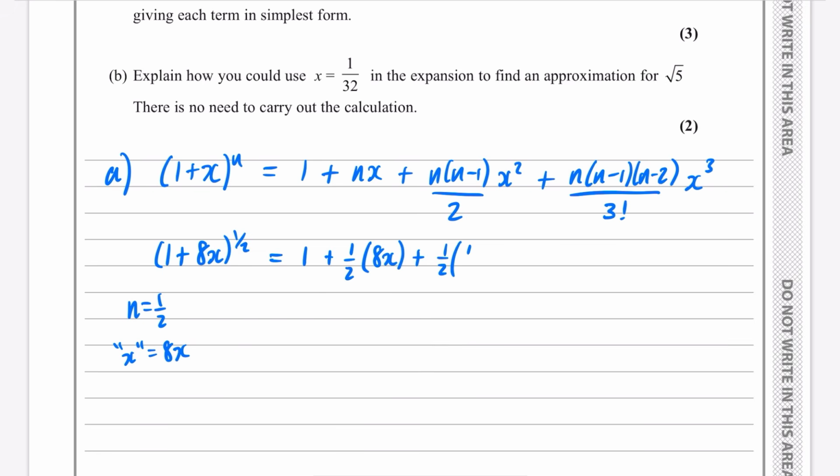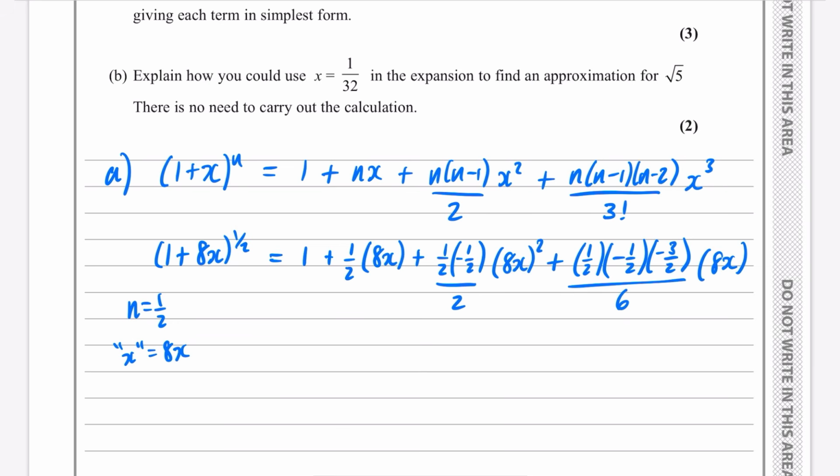We'll do a half take away 1, which is minus a half, and you'll divide that by 2, multiplied by our x term squared. And then for our fourth one, we're going to have a half multiplied by a half minus 1, and a half minus 2, make it decrease by 1 again, and 3 factorial is 3 times 2 times 1, which is 6, and then we have (8x) cubed for this bit.